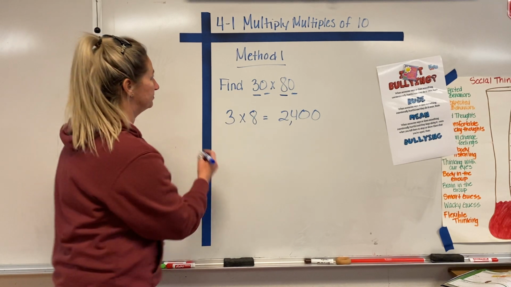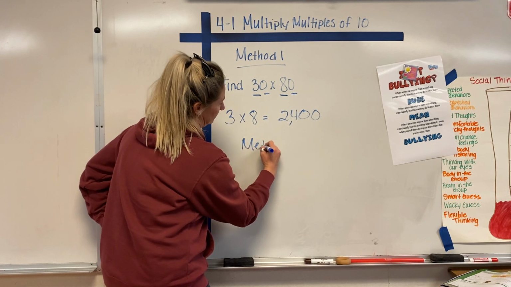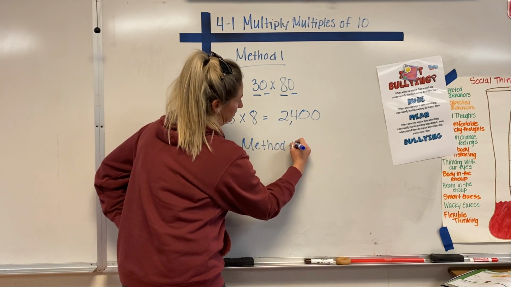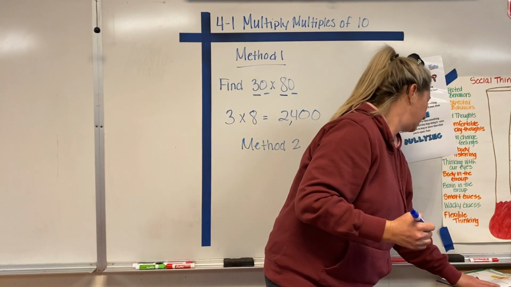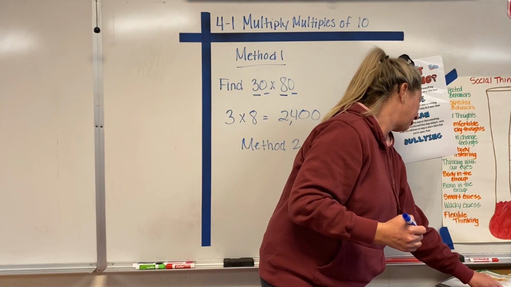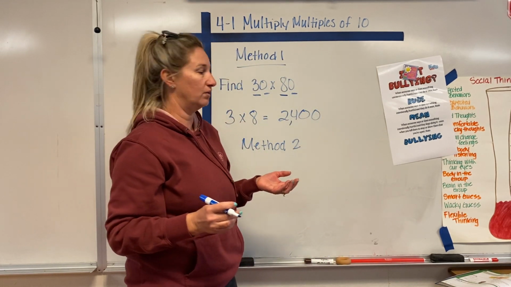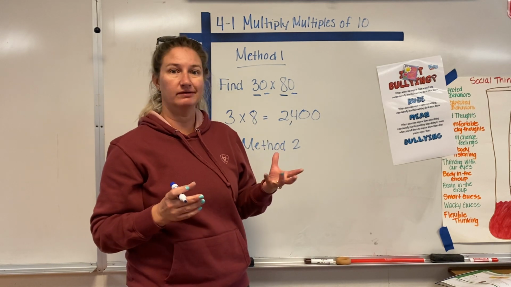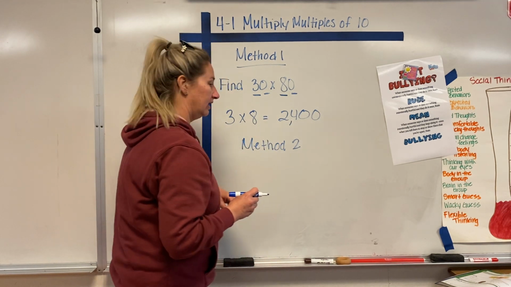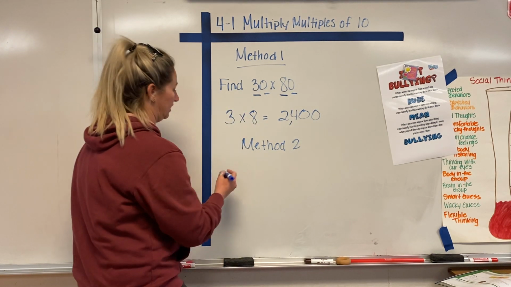And I think I could just put method 2 under here. Method 2. Okay, you are using the commutative property and the associative property. So you're grouping the numbers differently in this problem. So we're going to do the same number, 30 times 80.